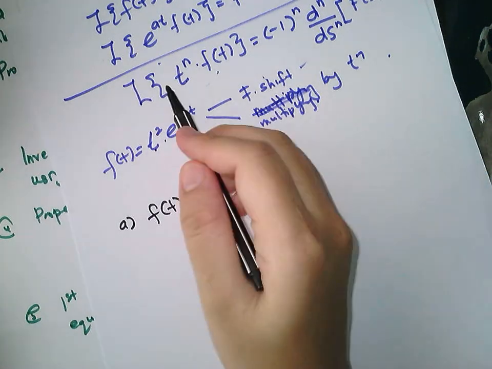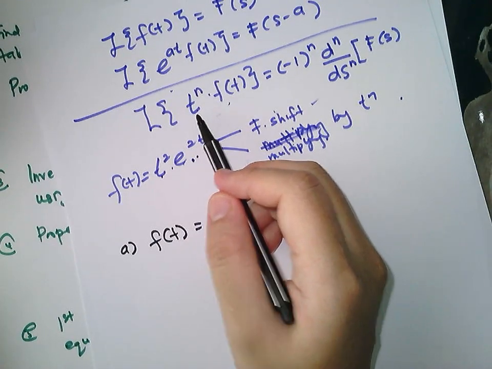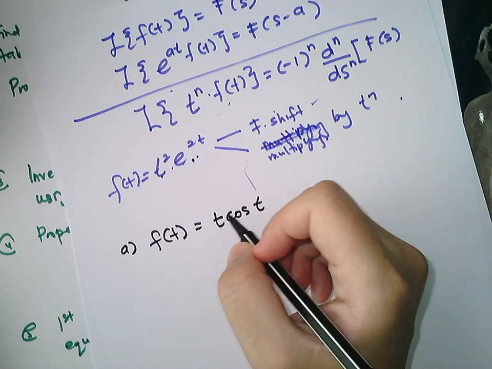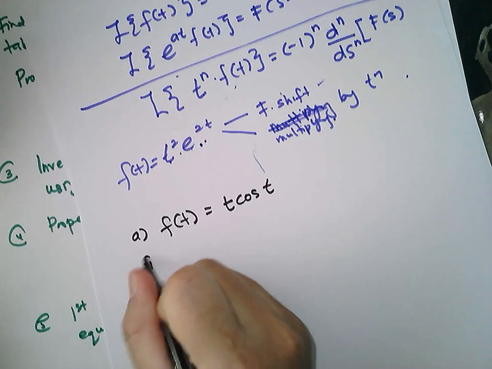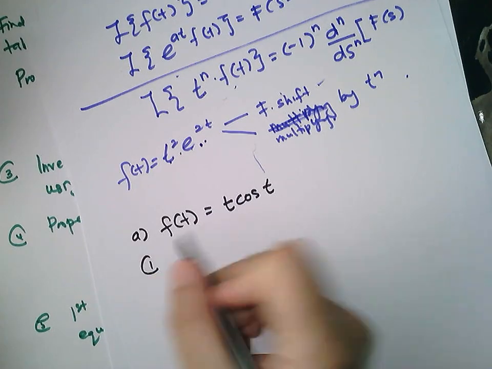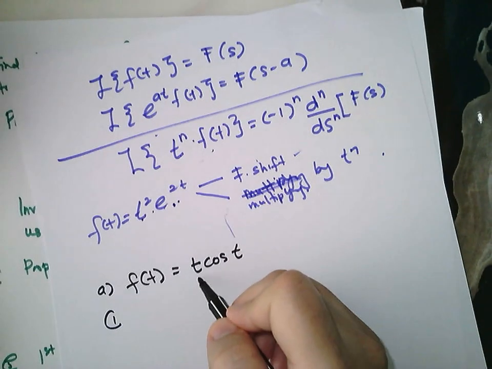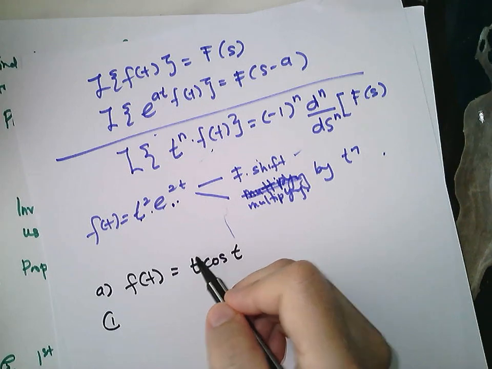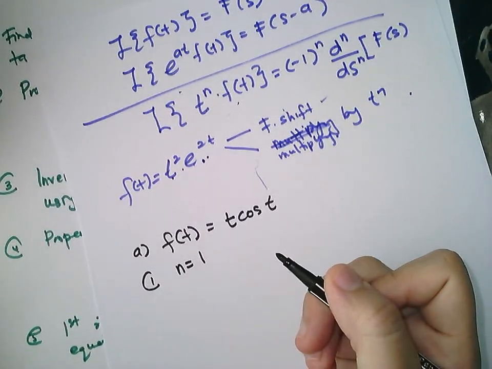By referring to this general form, the first step is to define your n based on your given t. As you can see here, this is t to the power of 1, so you know that your n is equal to 1, isn't it?